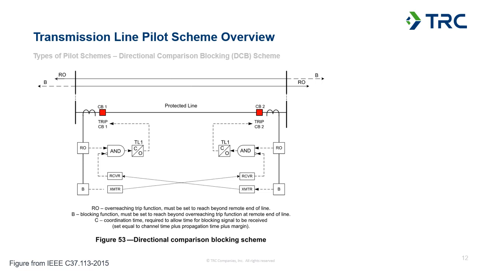If the overreaching element happened to reach longer than your blocking element, there'd be certain faults where you would not get the block and you could potentially trip. So that's one of the things we'll coordinate when we're doing our protection calculations for this type of scheme, and is really built into how we go about applying this.